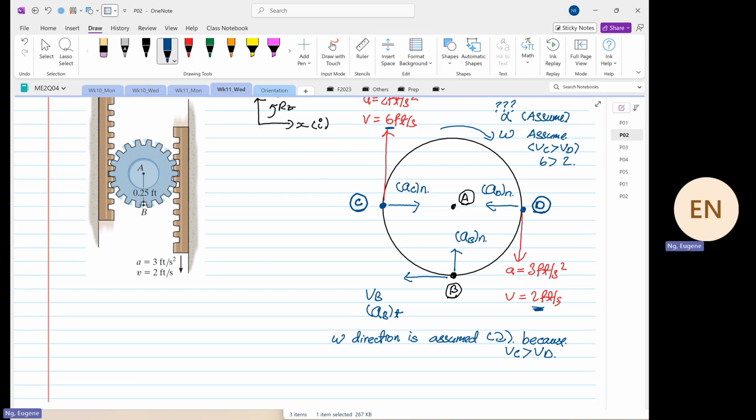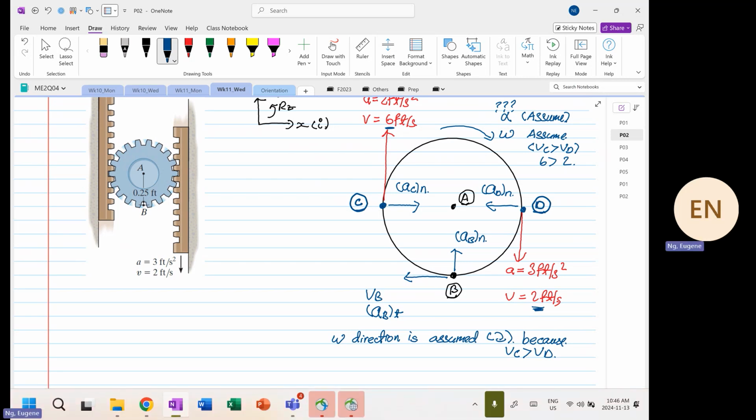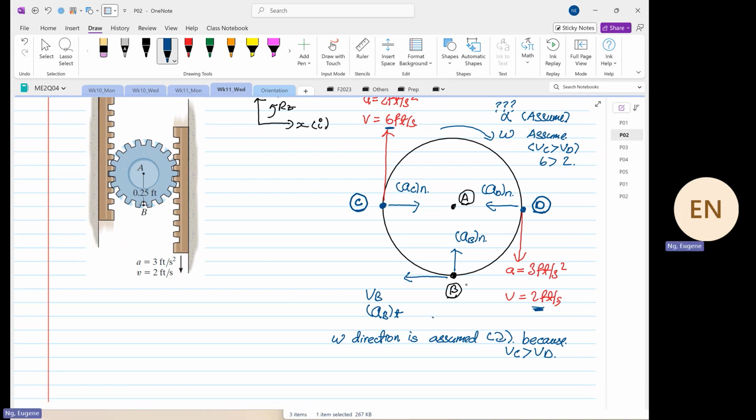I don't know why yet. I'm just going to follow that direction. If it's wrong, later on when we break into the components, it will tell us whether the assumption is right or wrong.